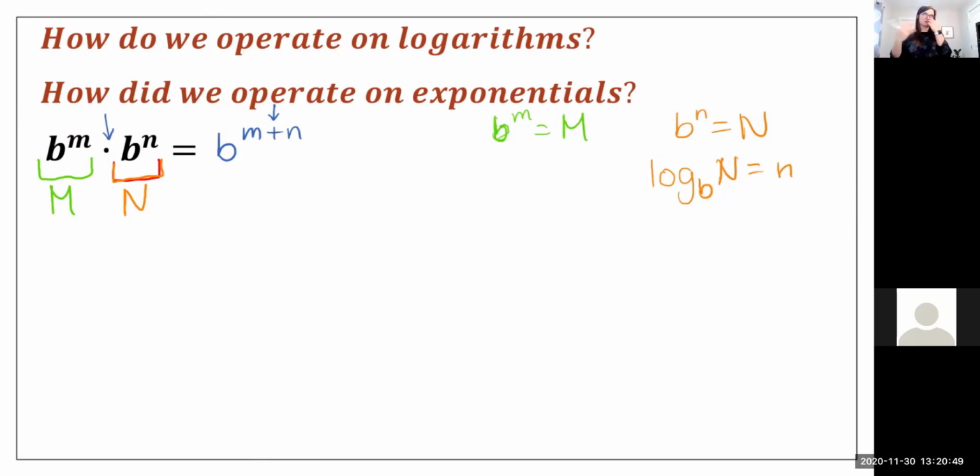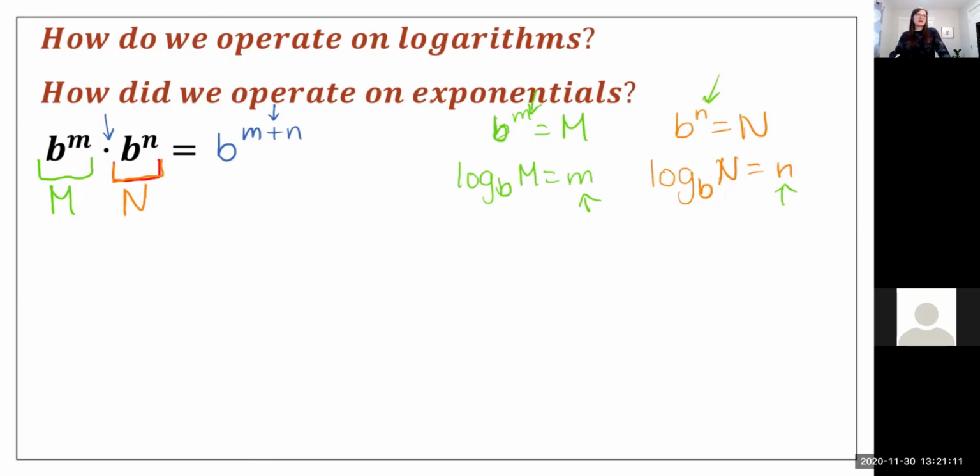That's just the definition of a log and the transformation of that statement. And again, the log base b of big M is little m. Remember, the answers of the log are always the exponent that was there before, right?